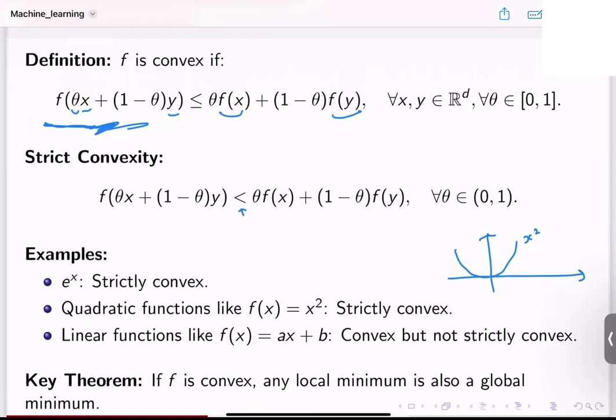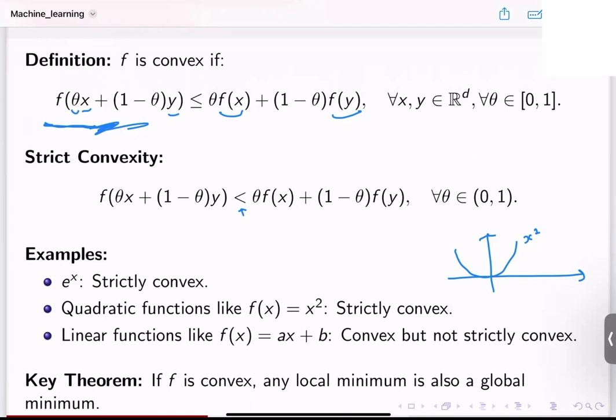Now if we have a function that is convex, and we're asked to find its local min, then it's enough to take the gradient of it and set it equal to zero, and the point that you get will be a local min.